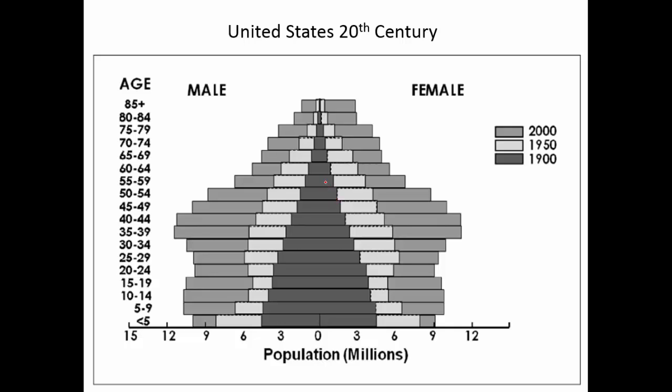That's not true. You can see less than 10% of the people were over 40. Less than 5% lived to be over the age of 65. Over the age of 65 was about 3%, and that was in 1900.